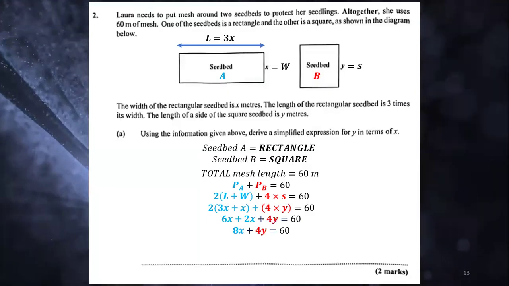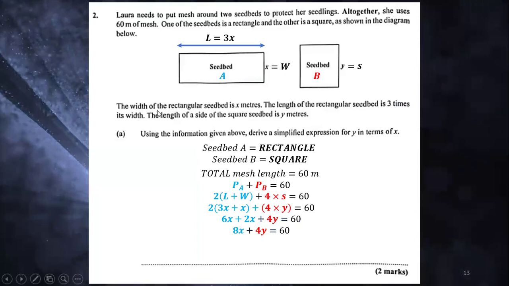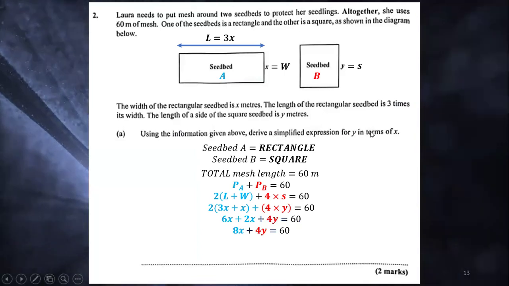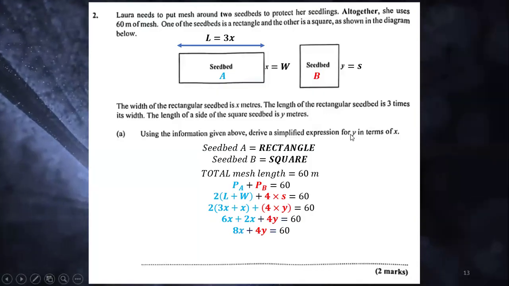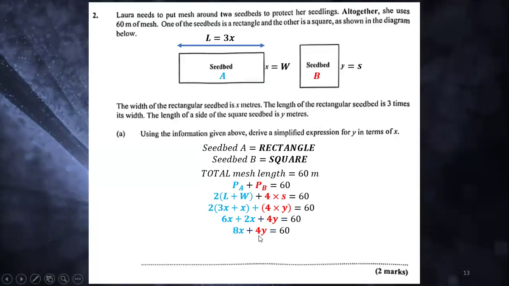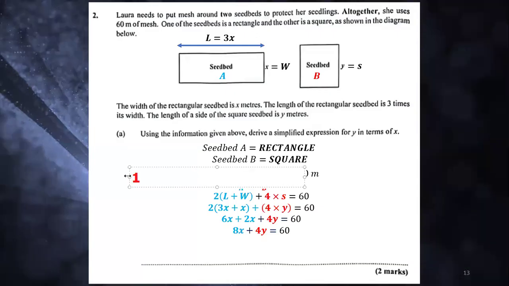So far, so good. Did we answer the question? No, we haven't answered the question, right? The question says, derive a simplified expression for y in terms of x. In other words, y must be the subject of the formula. Right now, y is not the subject of the formula. How do you know when something is the subject of a formula? Two things. One, it should be on the left-hand side.